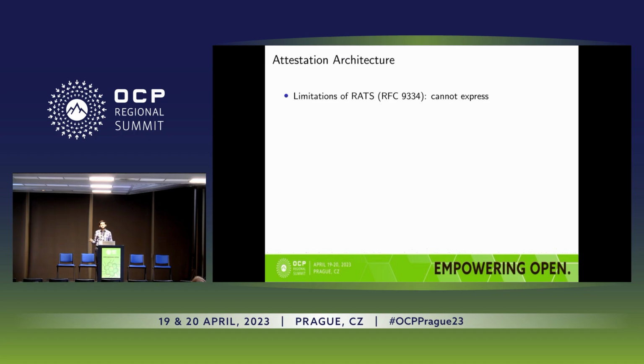However, there are limitations of this standard. The first one is that it cannot express anonymous attestation precisely. What this means is that if I have mechanisms such as Intel's EPID, Enhanced Privacy ID, I cannot precisely represent this in terms of this standard. Secondly, in terms of remote attestation, there are specific trusted execution environments such as Intel SGX and Intel TDX, which have local attestation as an essential part of the remote attestation.